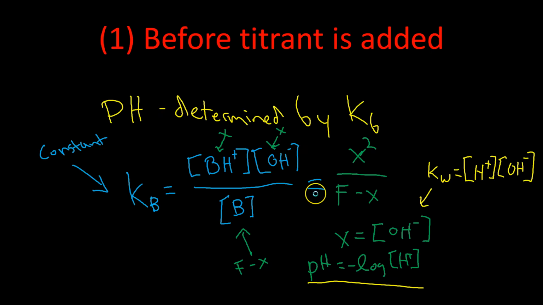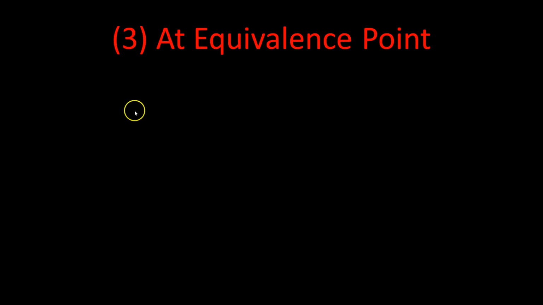At the equivalence point, we've added exactly enough acid so that you have a 1-to-1 ratio. So the concentration of H+ added is going to equal your formal concentration of your base.